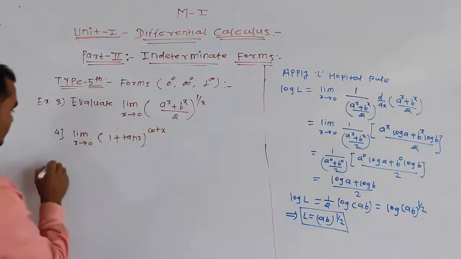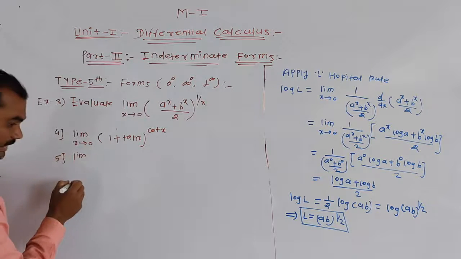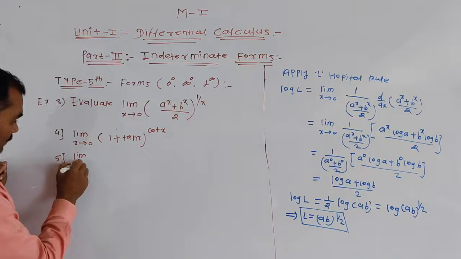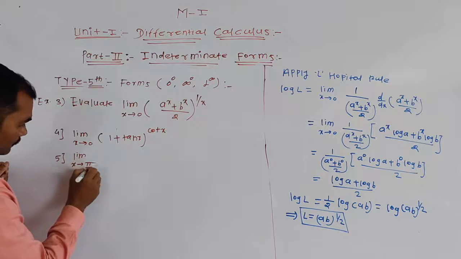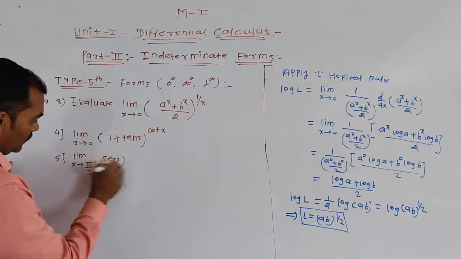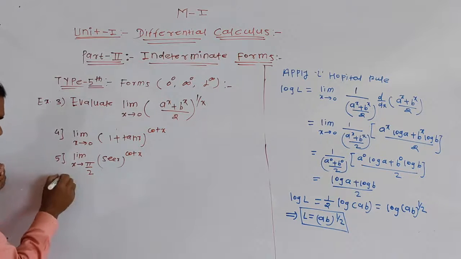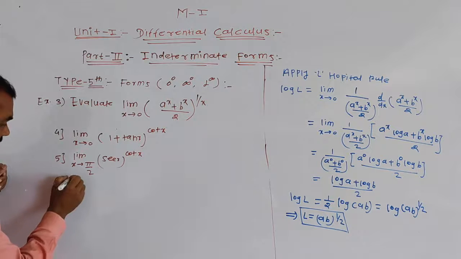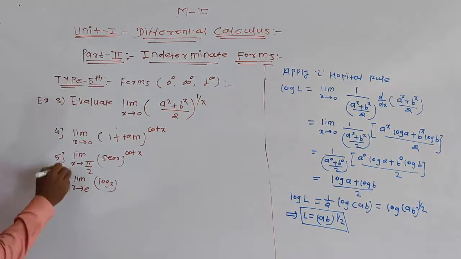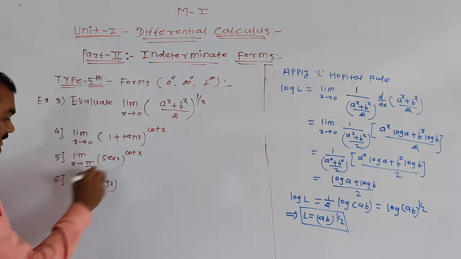Example fifth: limit x tends to pi by 2, sec x raised to cot x.